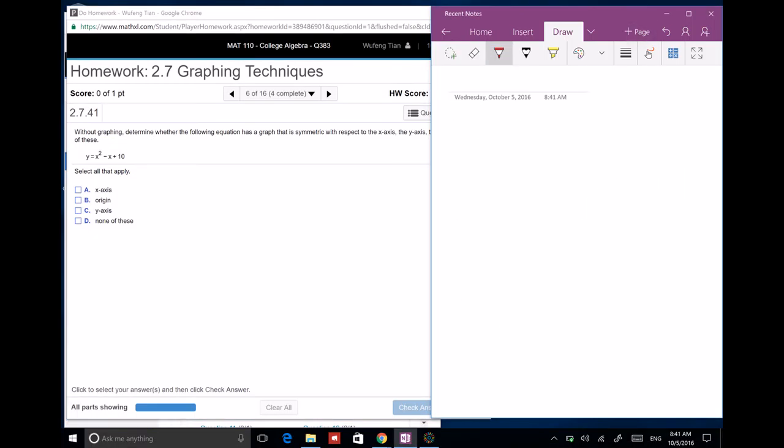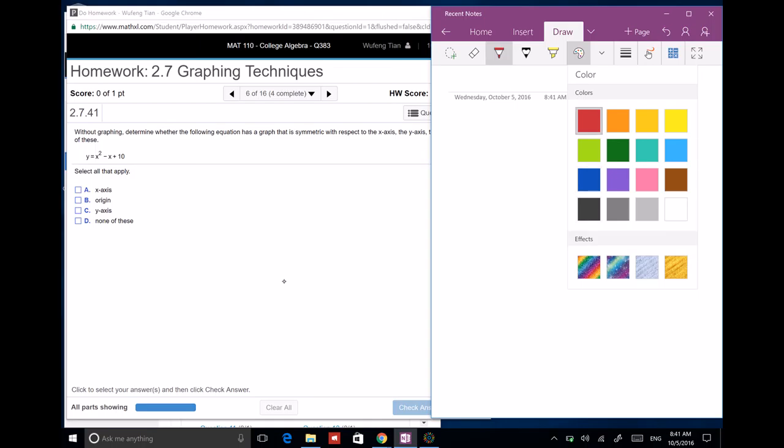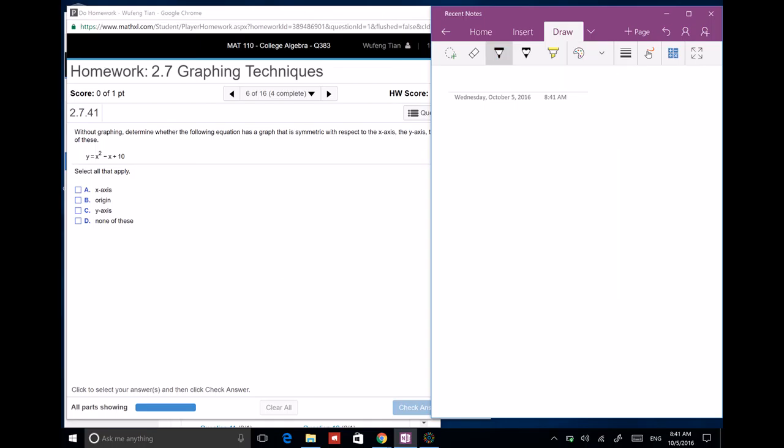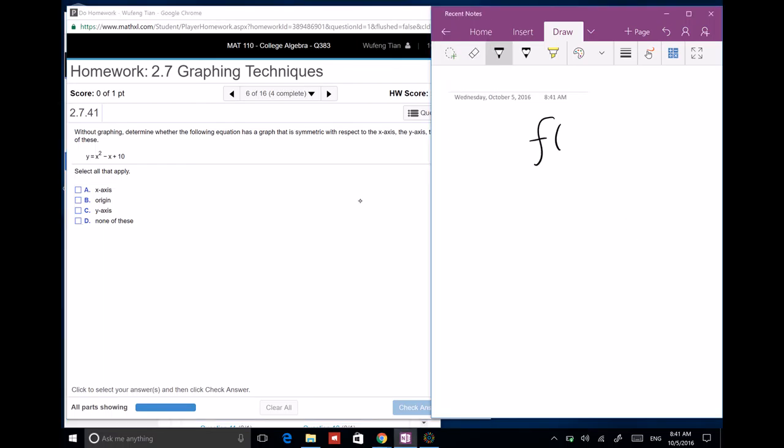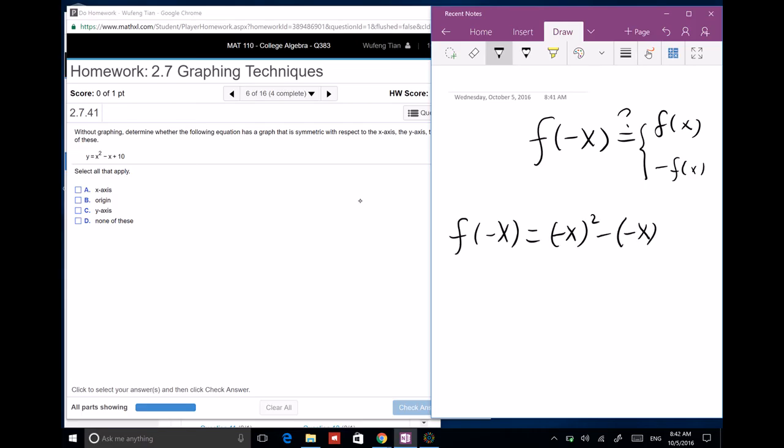Without graphing, determine whether the following has a graph that's symmetric with respect to the x-axis, y-axis, or none of these. So what you need to do is check f(negative x) and see if it's equal to f(x) or negative f(x). Now let's check it. f(negative x) equals negative x squared minus negative x plus 10.